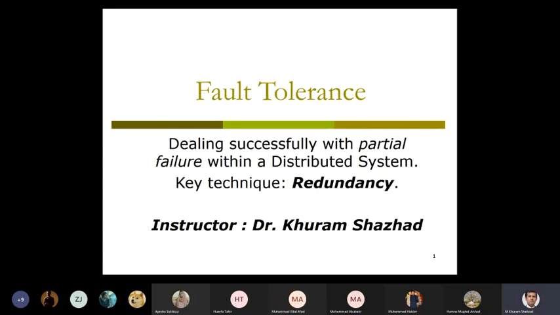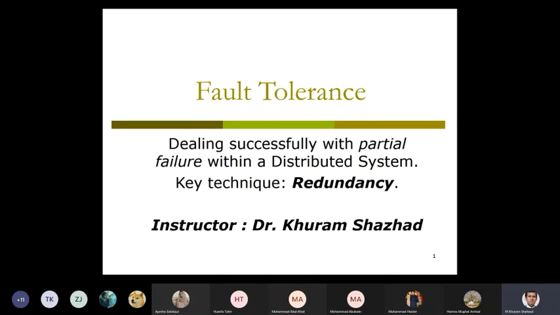When we have a single system, we can say that it can suffer from a complete failure. It means that no services are guaranteed anymore. But when we talk about distributed systems, you should keep in mind that failure is partial. Why is failure partial?